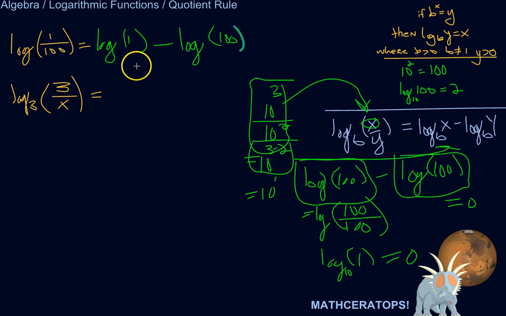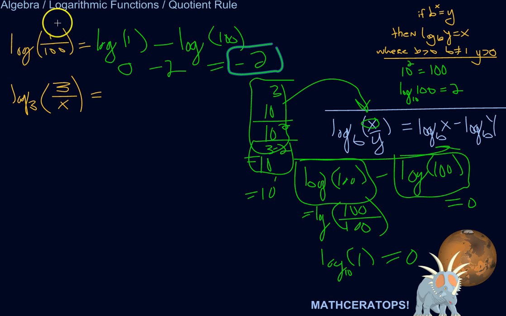So log of 1 would be 0, because it's saying, to what power do I have to raise 10 in order to turn it into a 1? Well, if I raise it to the power of 0, it becomes a 1. So 0. Log of 100 would be 2, right? 10 to the power of 2 is 100. So the answer would be negative 2.